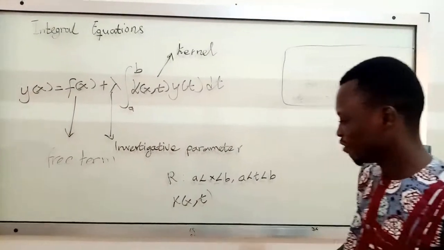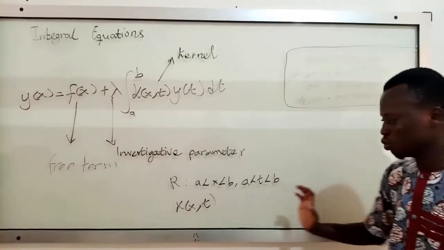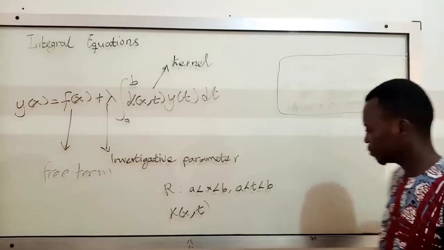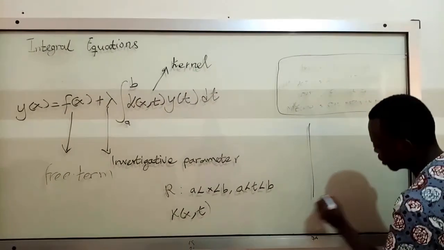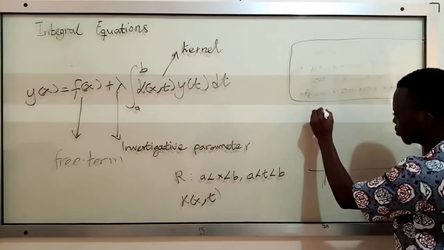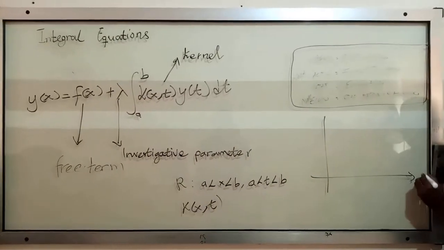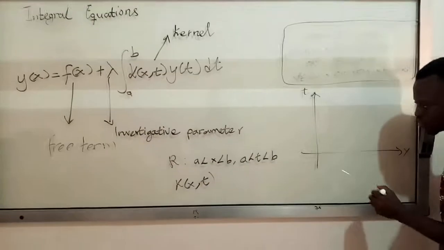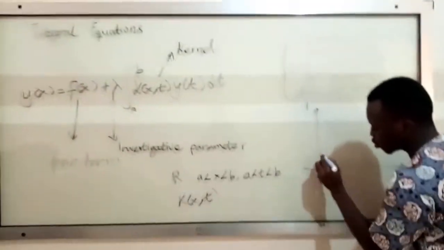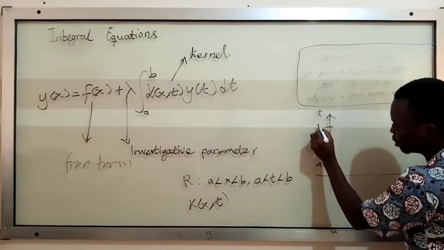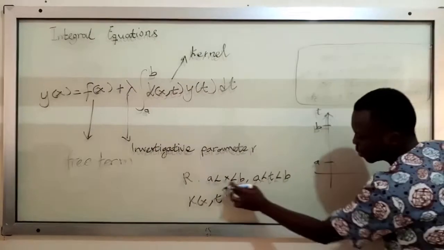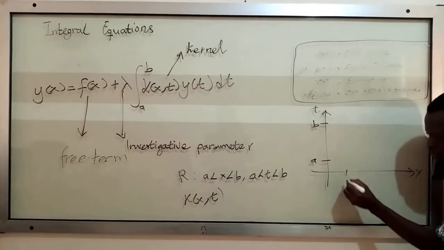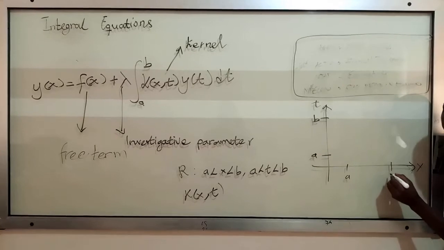If we say it is defined in a square, let's try to use a diagram to explain this. So let's have our s t plane. Let me say my s axis is here, I have my t axis here. Now here is from a to b, so I have my a here and b here.